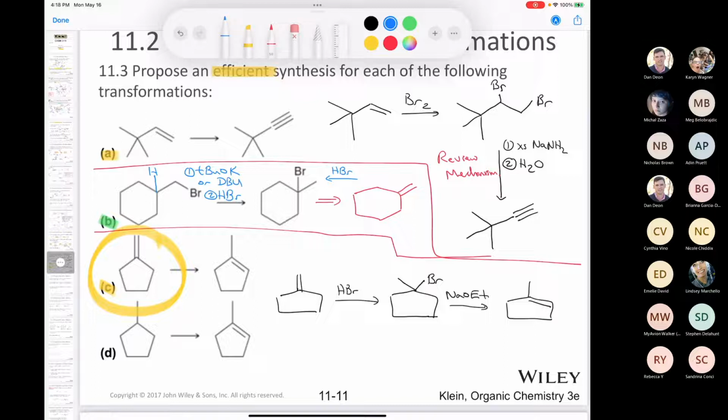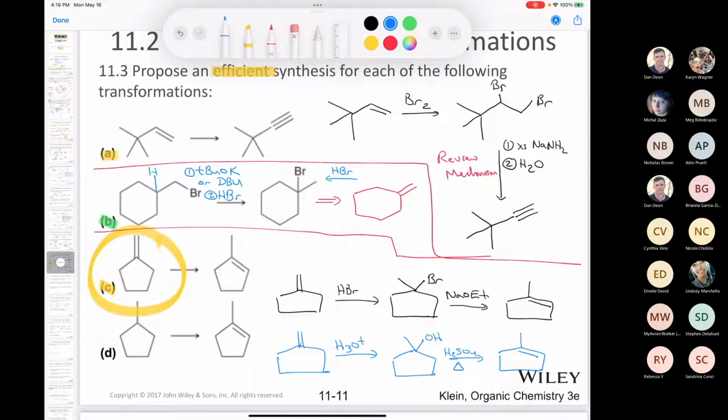Another way you could do it would be, again, start with the exocyclic alkene, and treat it with aqueous acid, and that would give you the Markovnikov product, which is what's called a tertiary alcohol. And then to make the most substituted alkene, all you have to do is an E1 reaction where you just treat it with sulfuric acid, H2SO4, and heat.